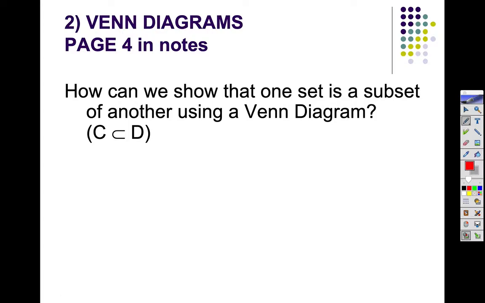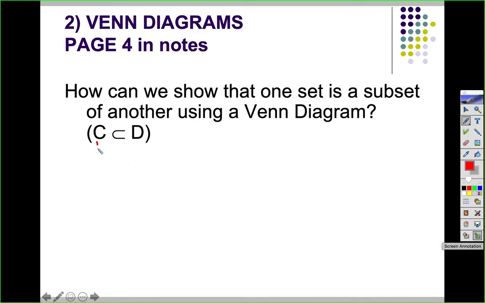Let's remind ourselves what a subset needed to be. In order for something to be a subset with numbers, C had to be smaller than D, or the same size, and everything in C had to be in set D. So let's think set D maybe was the numbers 1, 2, 3.